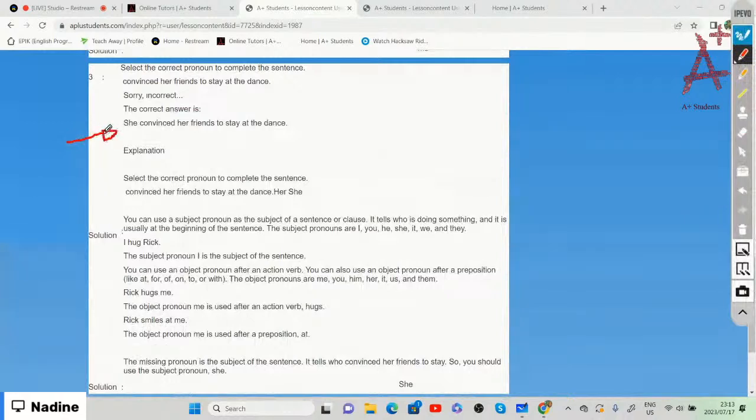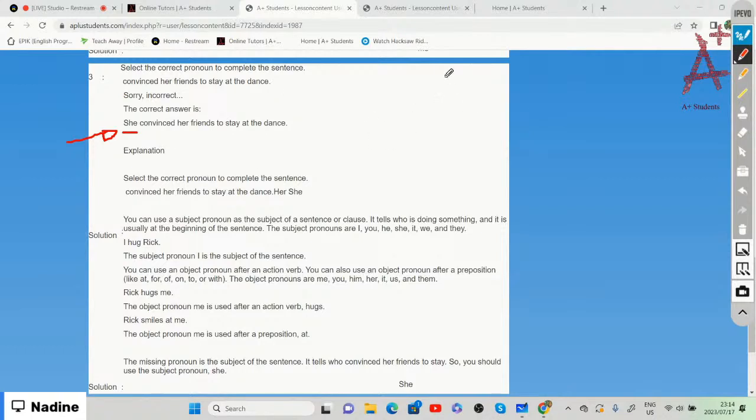Going on to the next one. She convinced her friends to stay at the dance. We need to choose the correct pronoun to complete the sentence. We can choose the pronoun she, because she is a subject pronoun and it tells us who convinced her friends to stay.